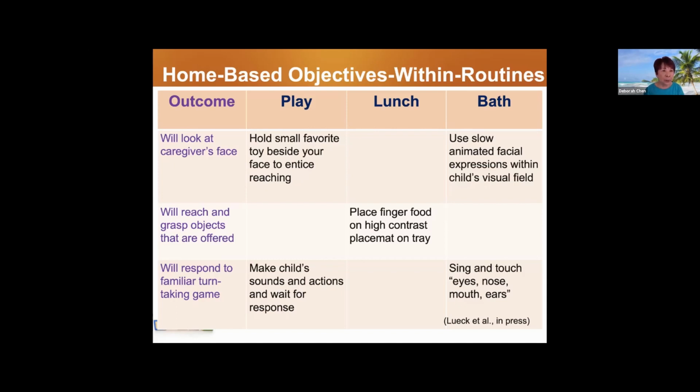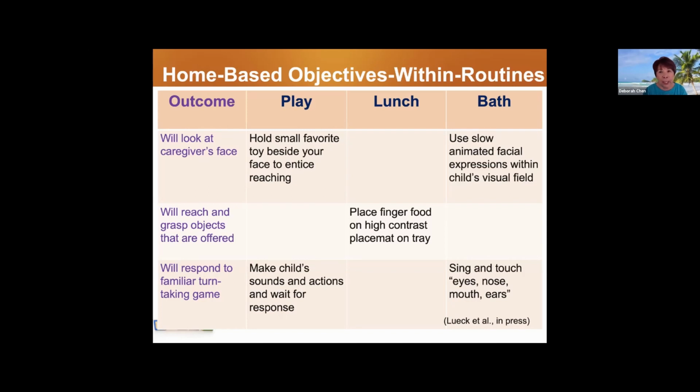So those are the outcomes on the left side, and then across the top row you see the routines. And you might just have 1 or 2 outcomes or 1 or 2 routines, depending on the family situation.